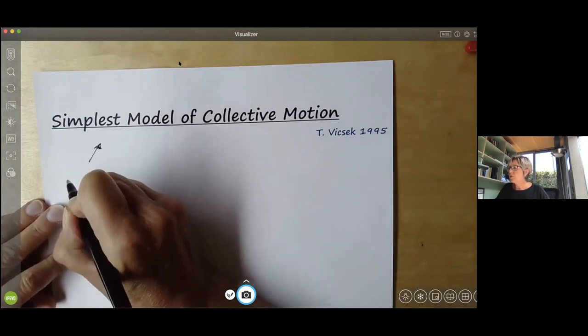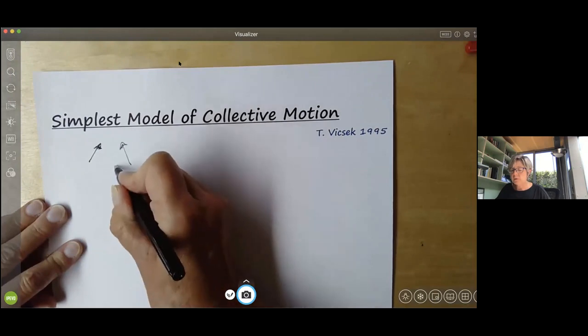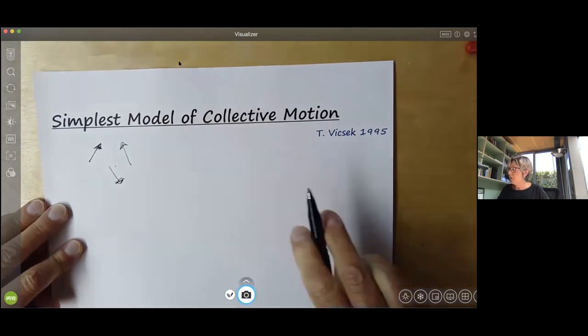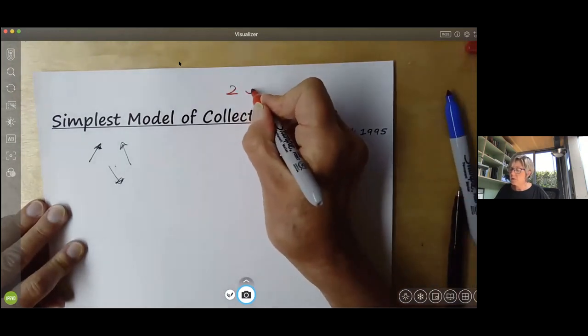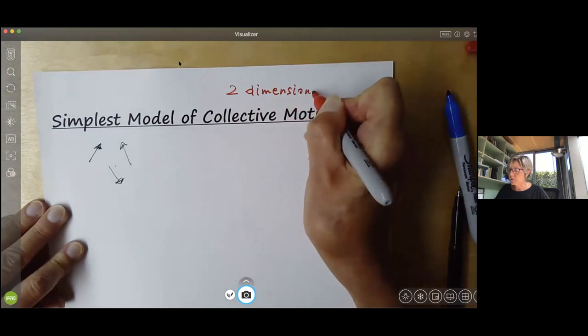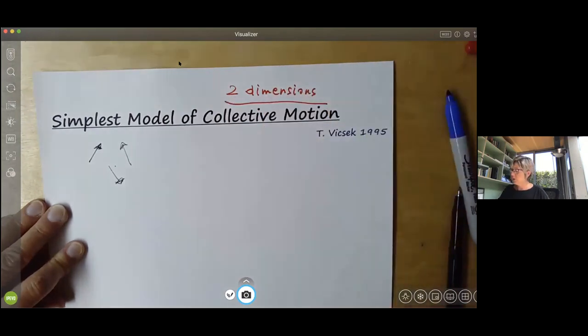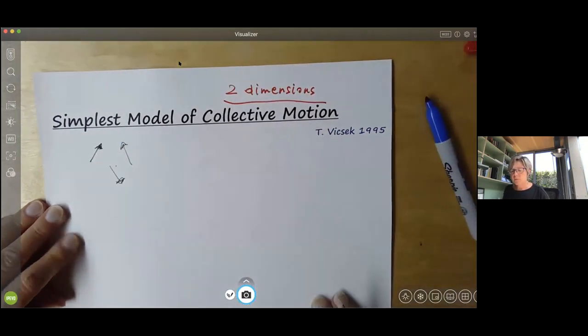And so a bunch of active particles will be a bunch of arrows that can point in any direction in the plane. To be specific, I will consider here only models in 2 dimensions. So an active particle is an arrow that can point in any direction in the plane.